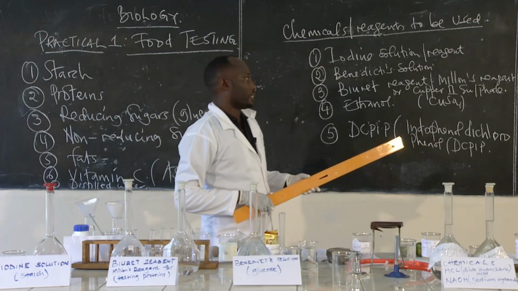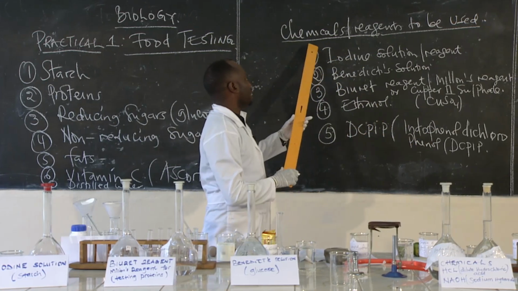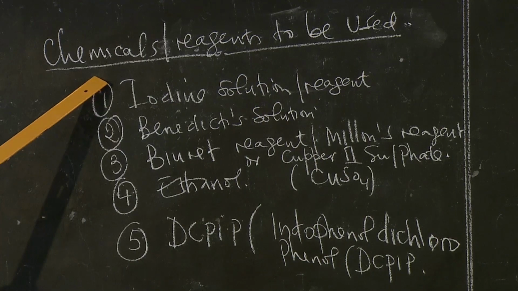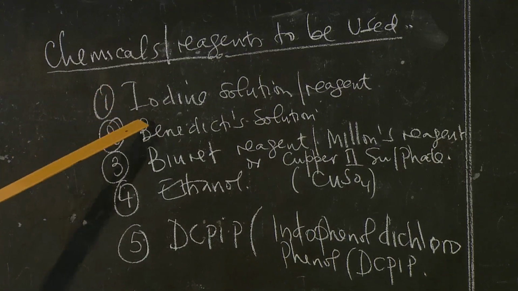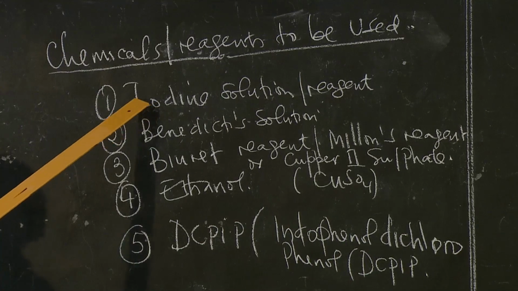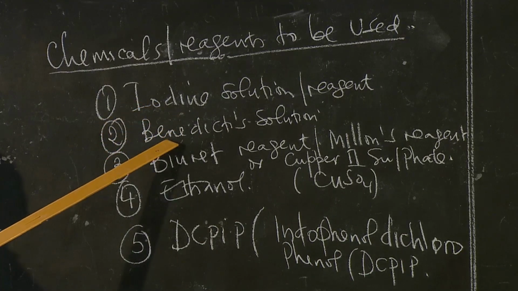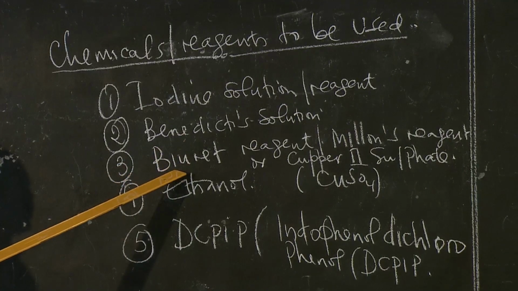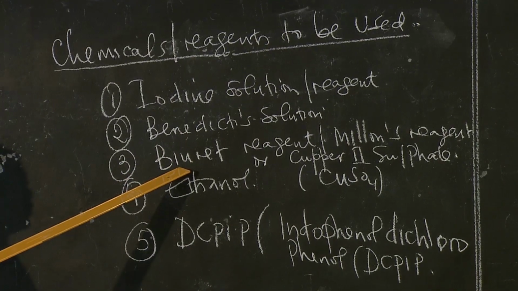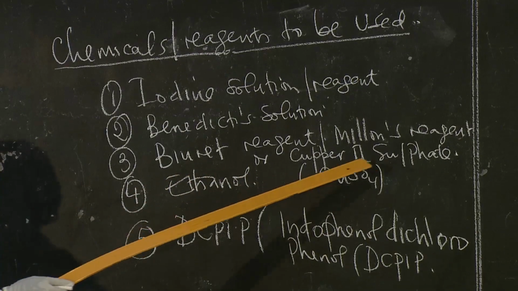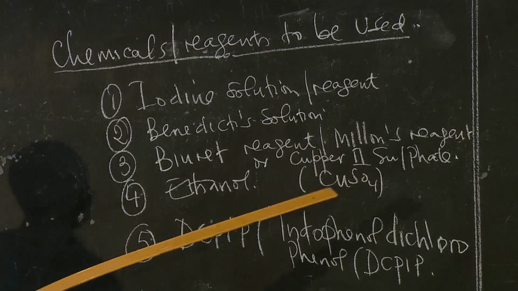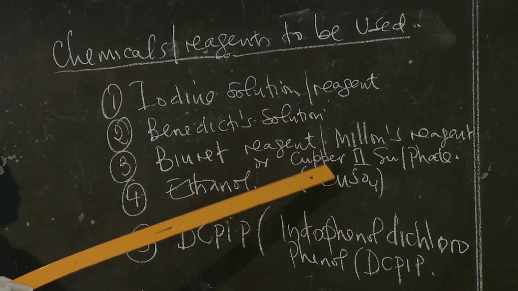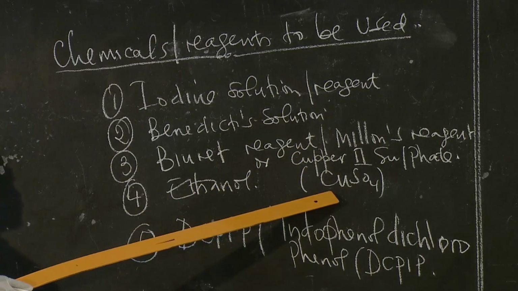So students, here are the reagents and chemicals that we're going to be using today in testing the food components. We're going to be using iodine solution or iodine reagent. We are going to be using Benedict's solution. We're going to be using biuret reagent or Millon's reagent or copper sulfate, because any of these can be used for testing the presence of proteins in food.